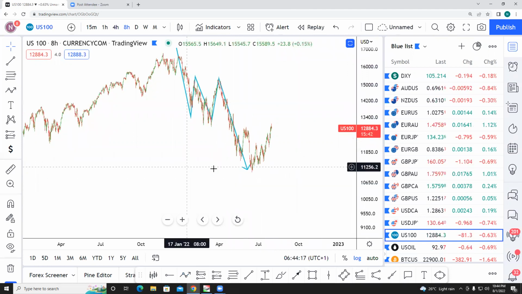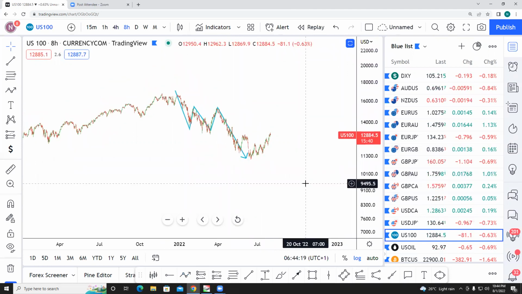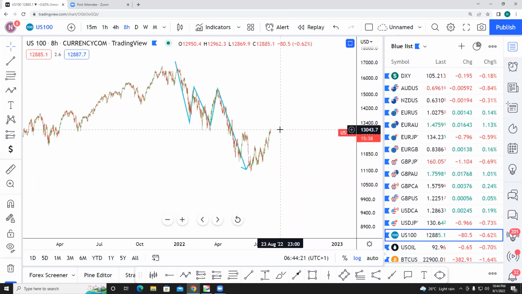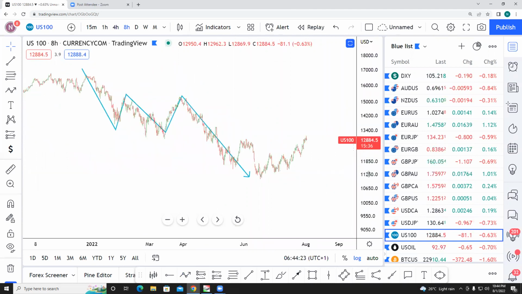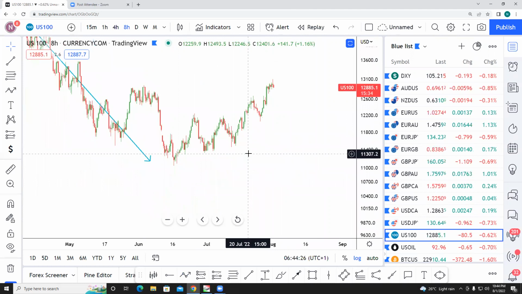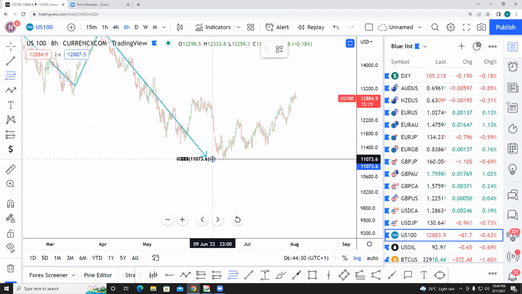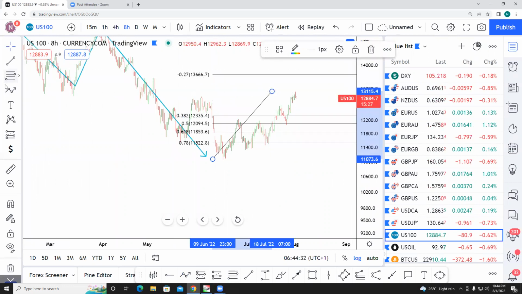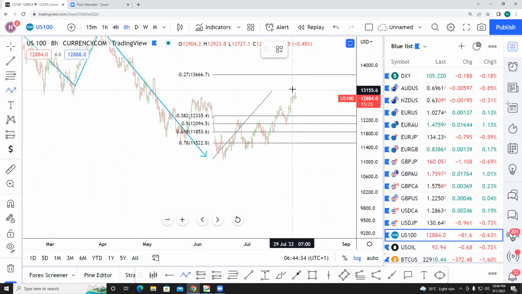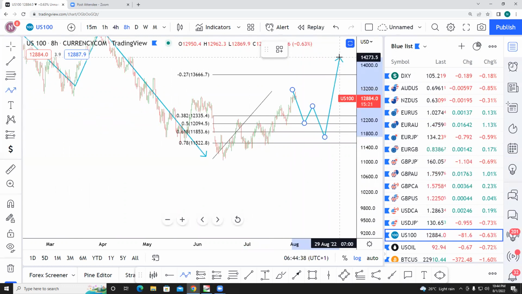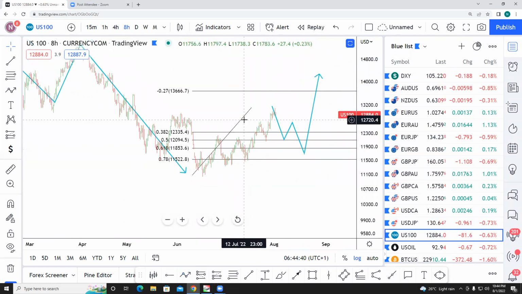We don't expect more downside for US 100. So it looks like this wave here is a slow start of a move to the upside. If it's a slow start, then we want it to pull back to around 50 to 61.8 before we resume the buy to the upside.